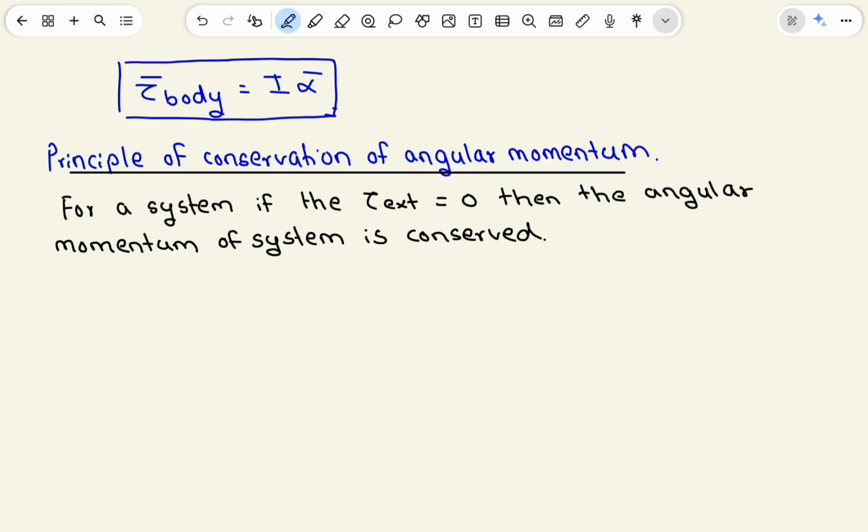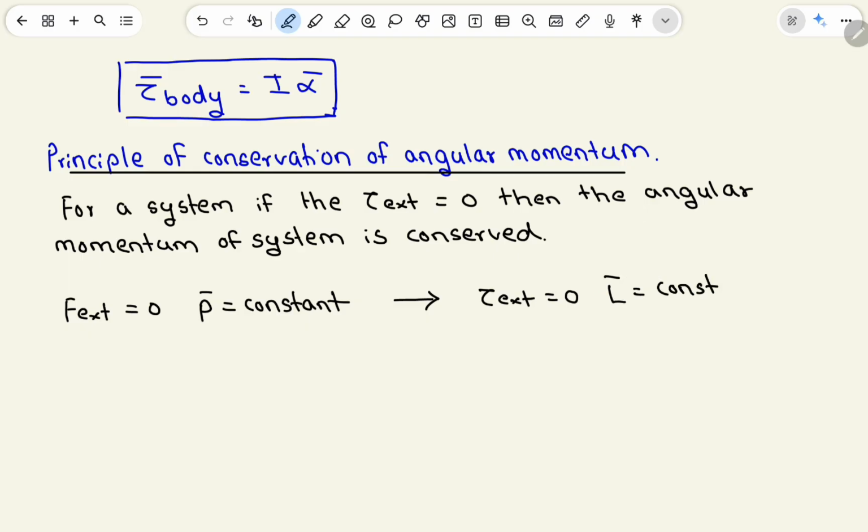This is similar to the principle of conservation of linear momentum, where when F external was 0, the linear momentum was conserved. Now, in rotational dynamics, if external torque is 0, then angular momentum is conserved. Now, let's try to prove this.